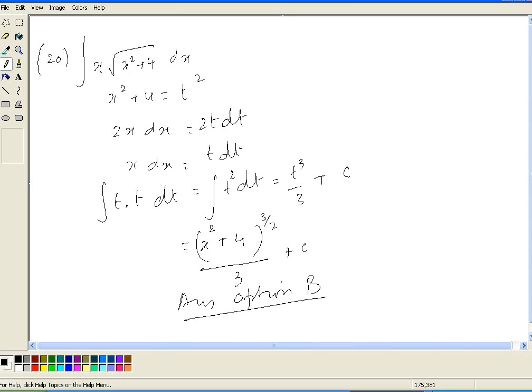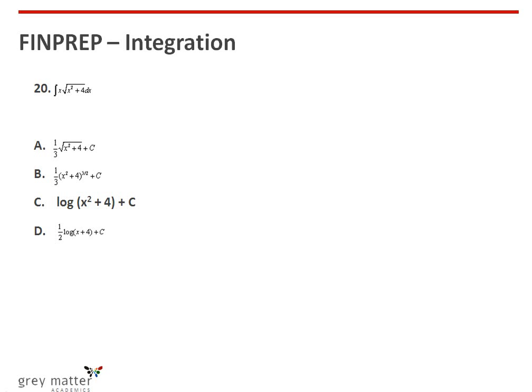So effectively you will be integrating t squared with respect to t, which is t cubed by 3 plus c. So the answer is (x squared plus 4) power 3 by 2 divided by 3 plus c. So the answer is option B, which is again 1/3 of (x squared plus 4) power 3 by 2 plus c.